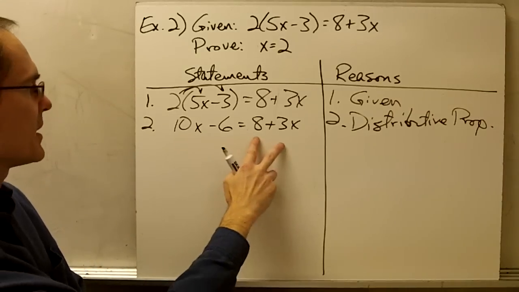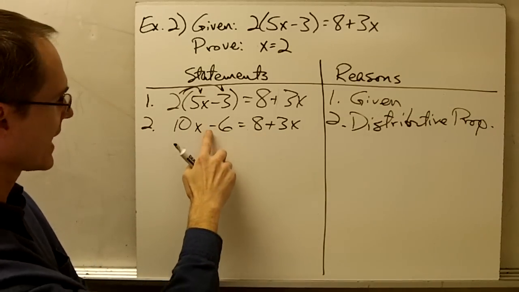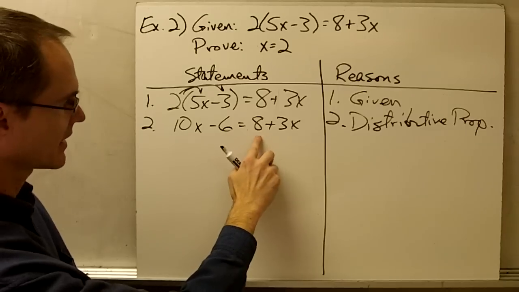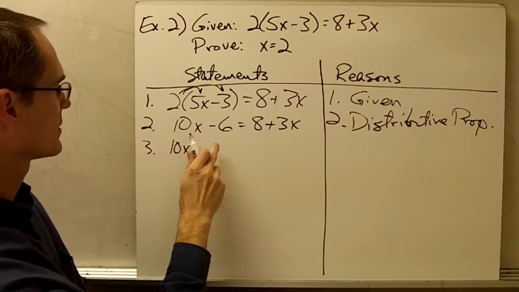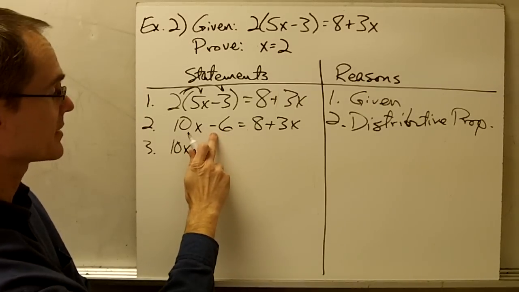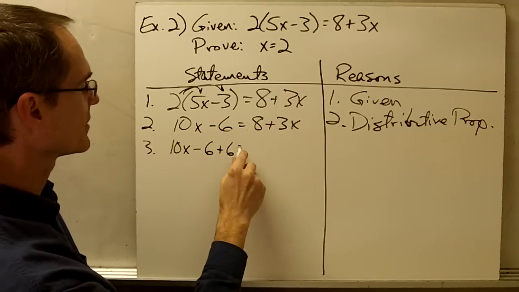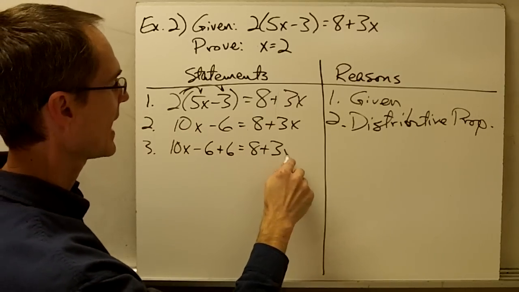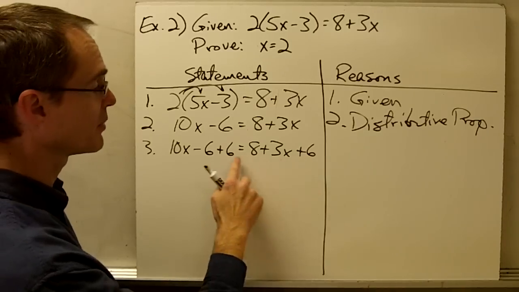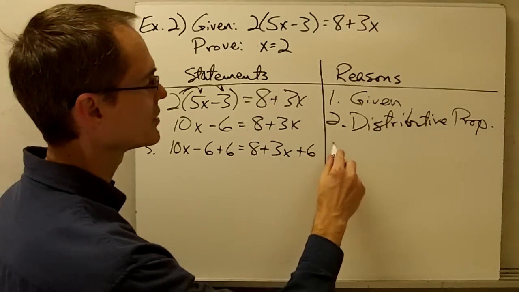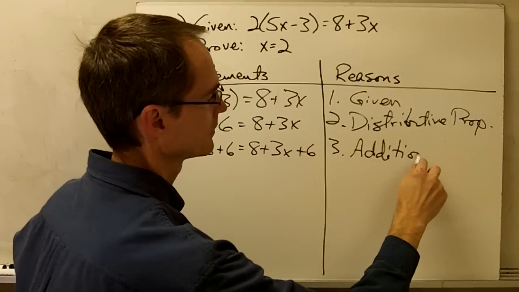And let's see, my next statement here, if I add 6 to both sides of my equation, then I can get rid of the 6 on this side and move it over to this side. I want to add 6 since I'm subtracting here. So 10x minus 6, add 6 to this side, and also add 6 to this side. Anytime I add the same thing to both sides of an equation, I'm using the addition property.